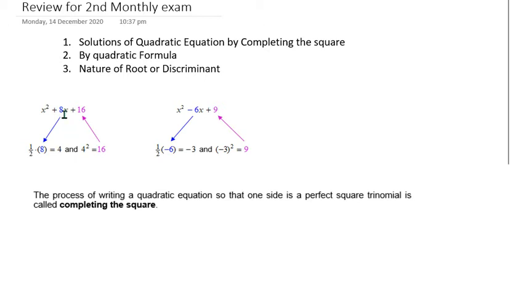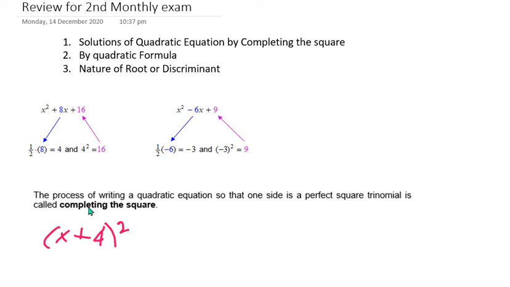The middle term is 8, so 1/2 of 8 is 4. And for 16, you get the square root, which is 4. So therefore, the factored form of this trinomial is (x plus 4) squared, because 1/2 of 8 is 4 and the square root of 16 is 4.